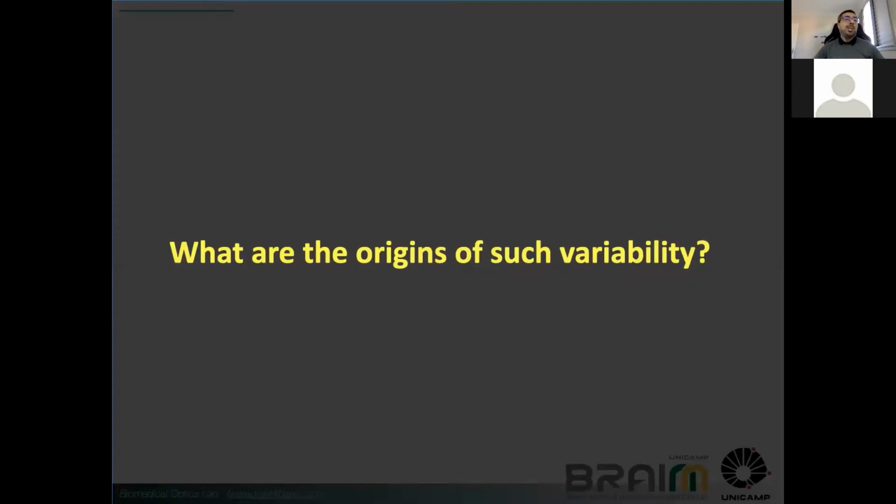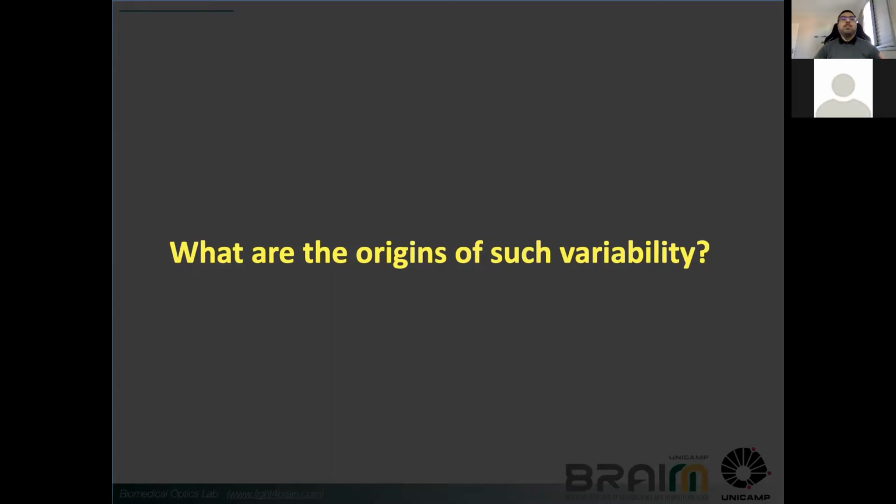So that kind of drove us to really understand the origins of this variability. Because if we can understand where this variability is coming from, we can try to reduce it and have a more reproducible fNIRS result at the subject level, not at the group level.